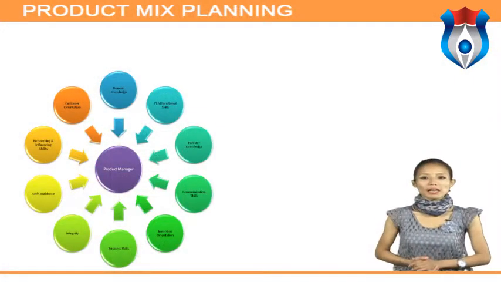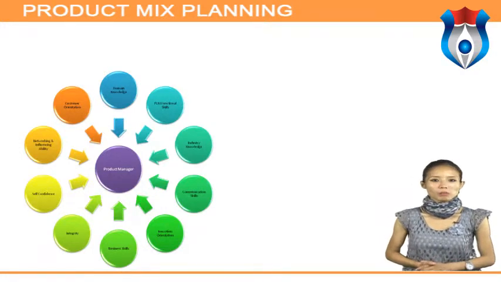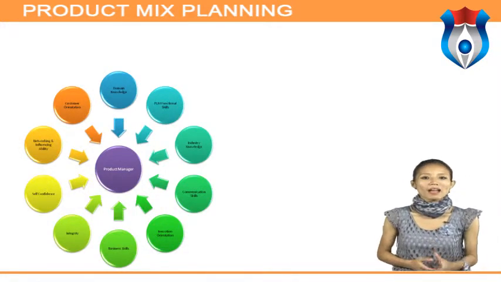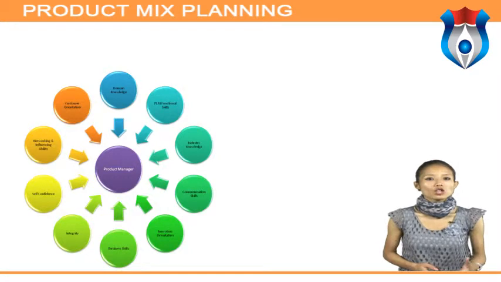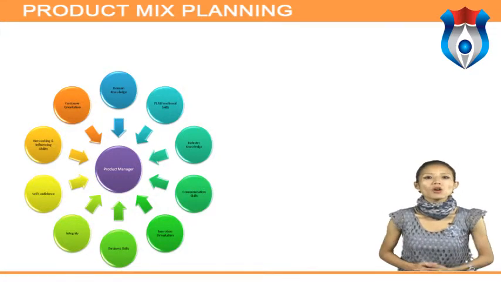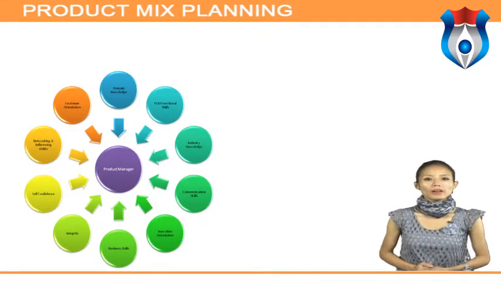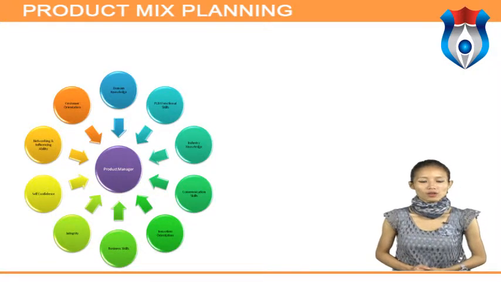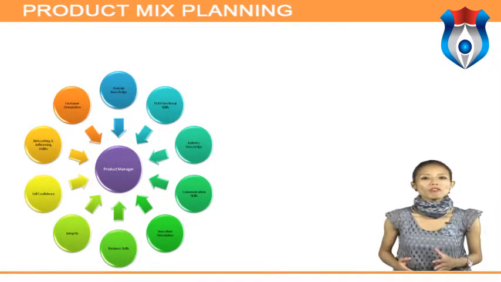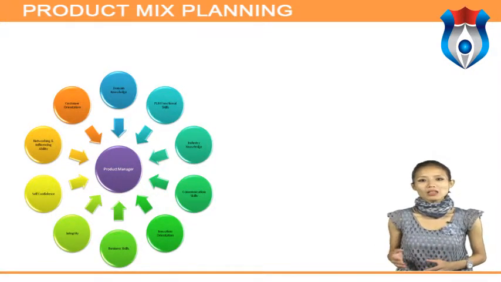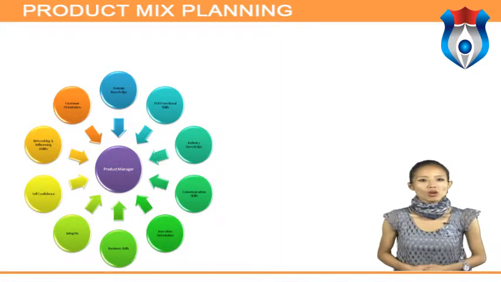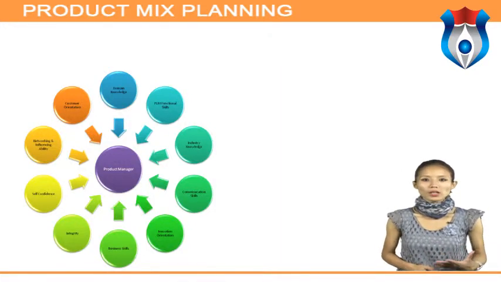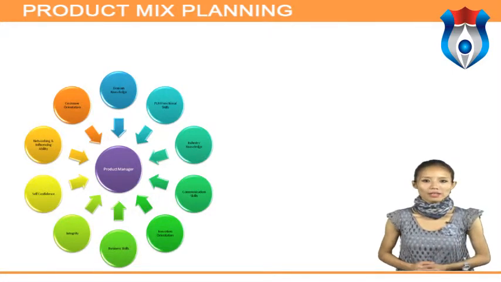Generally, product line managers have the following responsibilities: considering expansion of a given product line, considering candidates for deletion from the product line, evaluating the effects of product additions and deletions on the profitability of other items in the line, and allocating resources to individual products in the line on the basis of marketing strategies recommended by product managers.